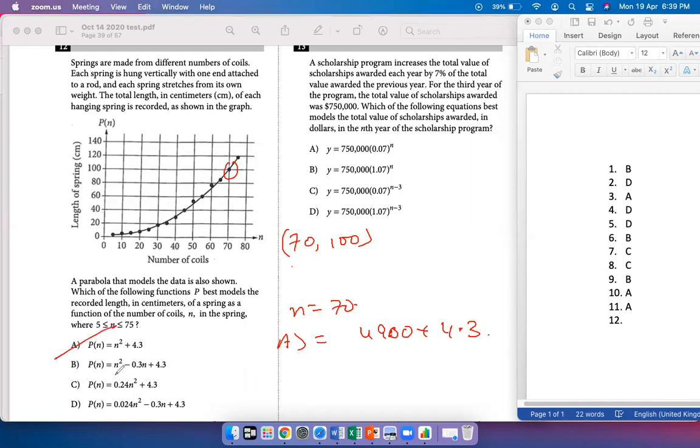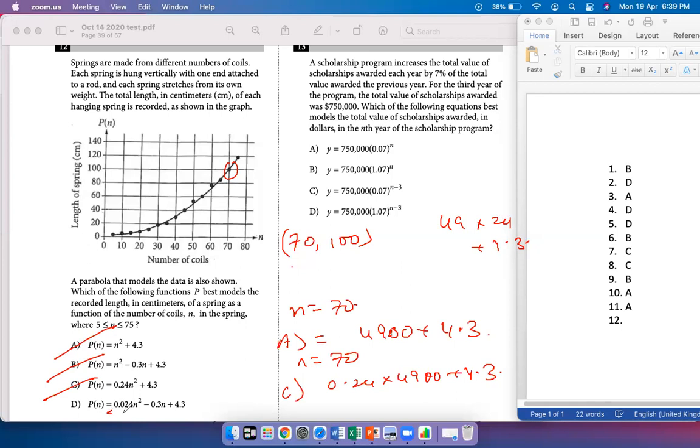Similarly, it can't be B either, because it would be n squared minus 0.3n plus 4.3, and n squared, 4900, will be too large, so it can't be B. Now, if you look at C, when I put n as 70 in option C, I get 0.24 times 4900 plus 4.3. That basically gives me 49 times 24 plus 4.3. That's also pretty large. It can't really be 100, right? So it can't be C as well.